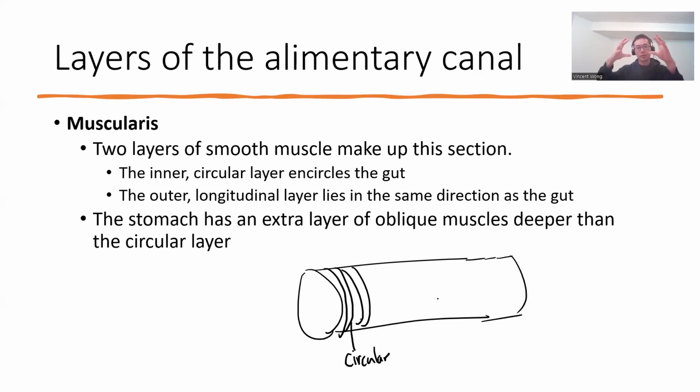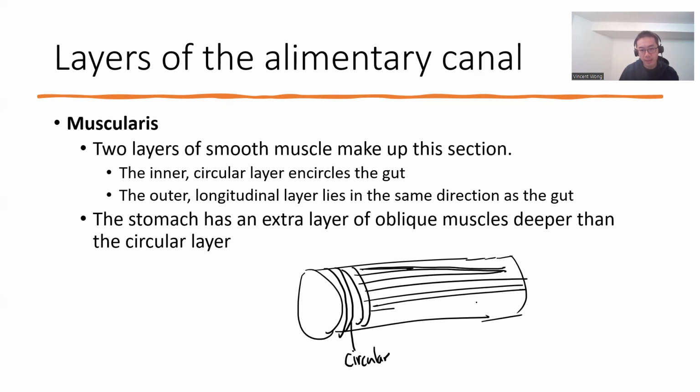The circular muscle is responsible for squeezing, opening, right? And then the outer layer, outside of the circular layer, is going to be the longitudinal. Longitudinal means it runs parallel to the length.